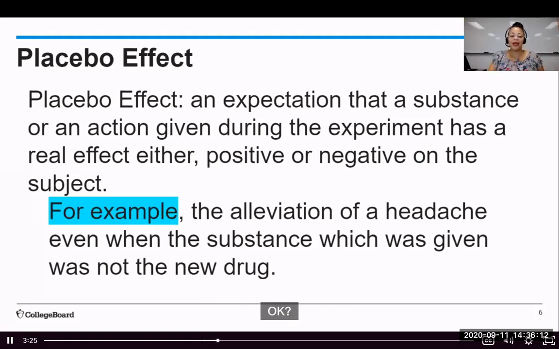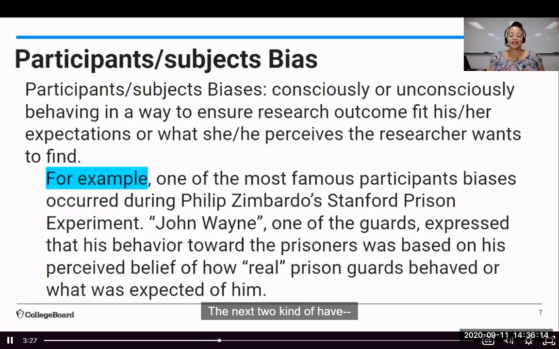Okay? The next two are ones students have a harder time understanding, because participant bias seems like, oh, well, I'm just helping out this research. However, it can really make a study go way wrong. It's consciously or unconsciously behaving in ways to ensure that the research outcomes fit the subjects' expectations.